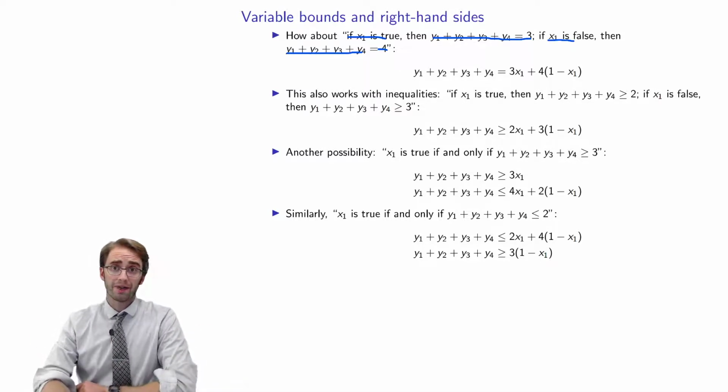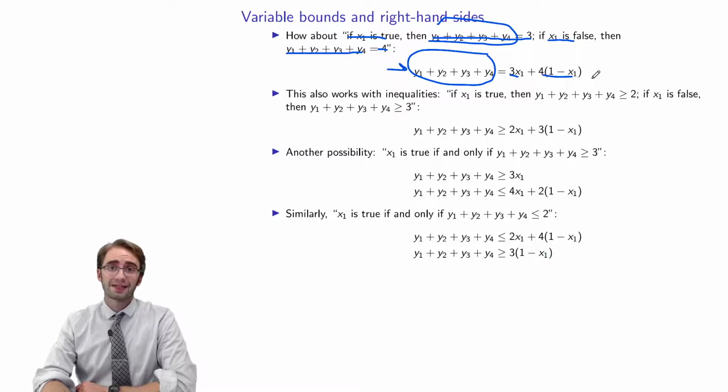The way you would model that constraint is this thing here. You'd say the y's summed together are equal to 3 times x1 plus 4 times (1 minus x1), right? What does this accomplish? If x1 is false, then this thing gets zeroed out, and the y's have to sum to 4.